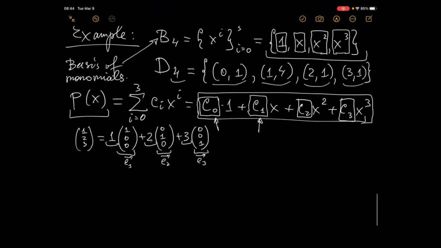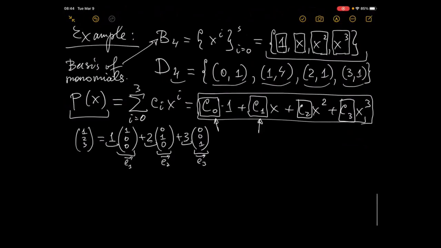How can we do this? Pay attention. According to our data set, P of 0 is equal to 1. Here, x is equal to 0 and y is equal to 1, right? P of 1 is equal to 4: x equal to 1, and the corresponding y is equal to 4.